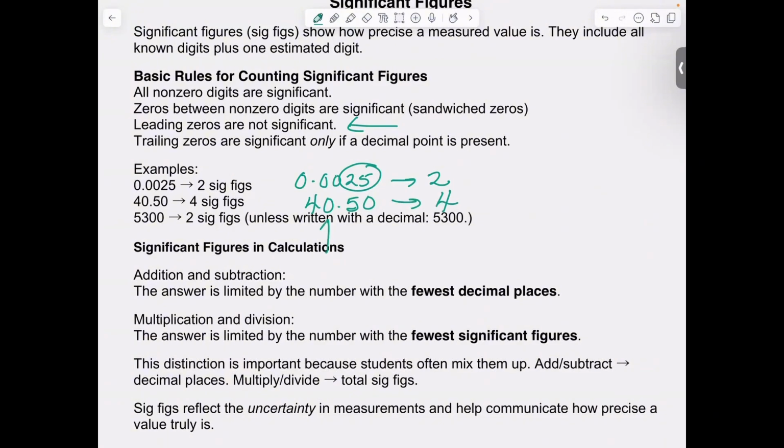We do have a sandwich zero right here. We do have the 4 and the 5, of course, they count. And then we have a trailing zero right here that counts. So both zeros in this number actually count towards the total for significant figures. So we do have 4 total there. And then last but not least, I'll erase for clarity here.